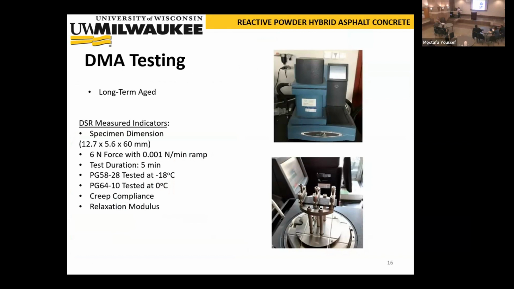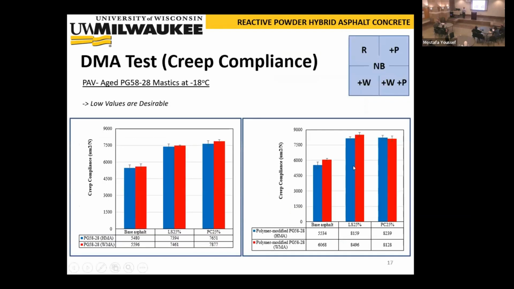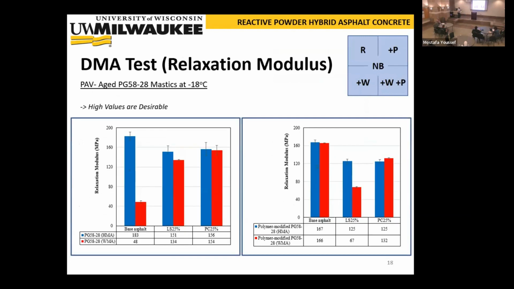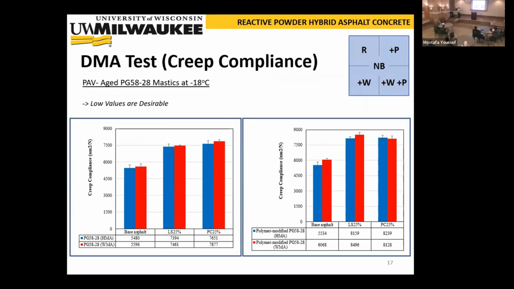From that test, we calculated the creep compliance, and we are also seeing mixed results. We are seeing no serious difference between the limestone and the cement. So at this moment, we're still not sure if the cement is actually beneficial or not.